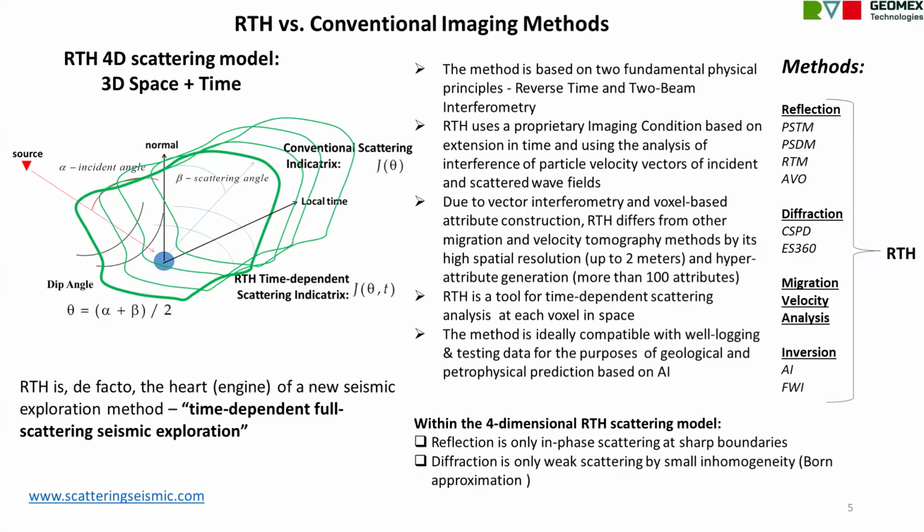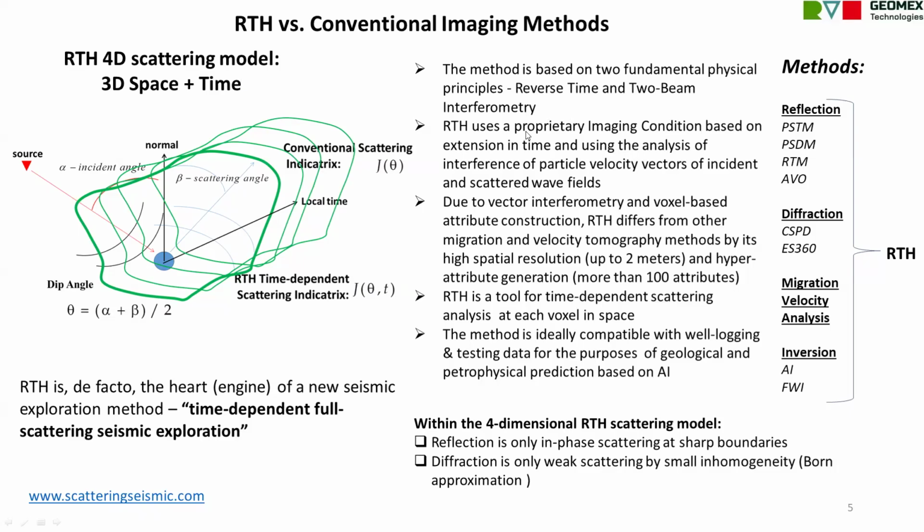Its principle differs from all methods before, which used only static 3D scattering indicators. The method is based on two fundamental principles: reverse time and two beam interferometry. These are two discoveries of the last century: reverse time and two beam interferometry, which is the basis of holography.